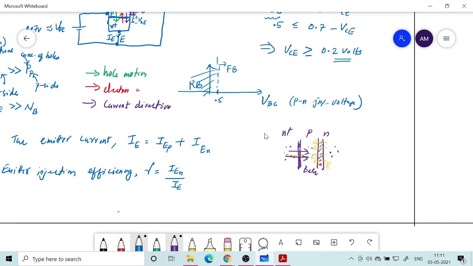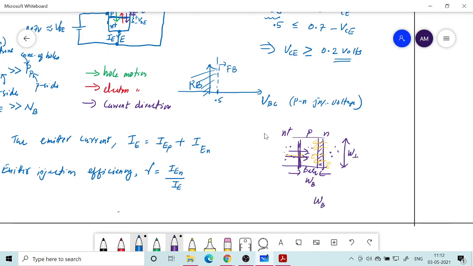For that to be maximized, we need to keep the base width WB very, very small compared to the lateral dimension, which I will call W perpendicular.